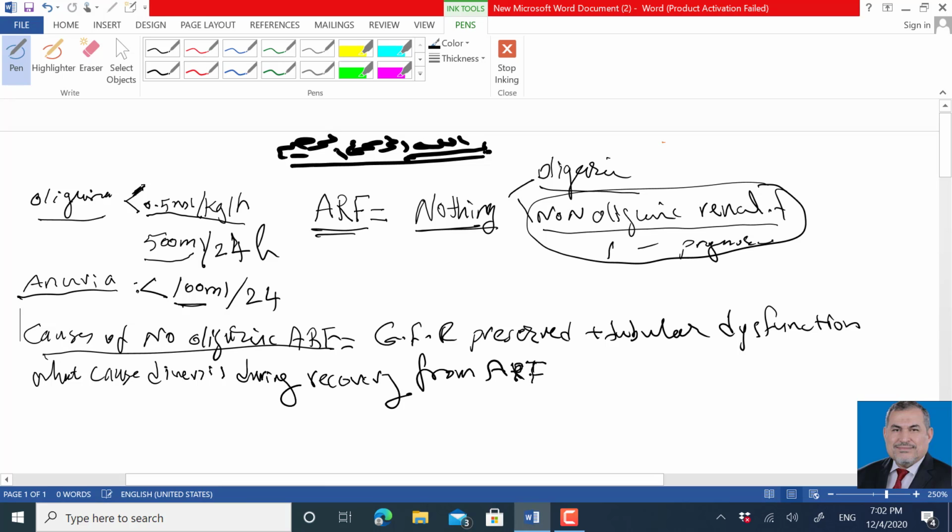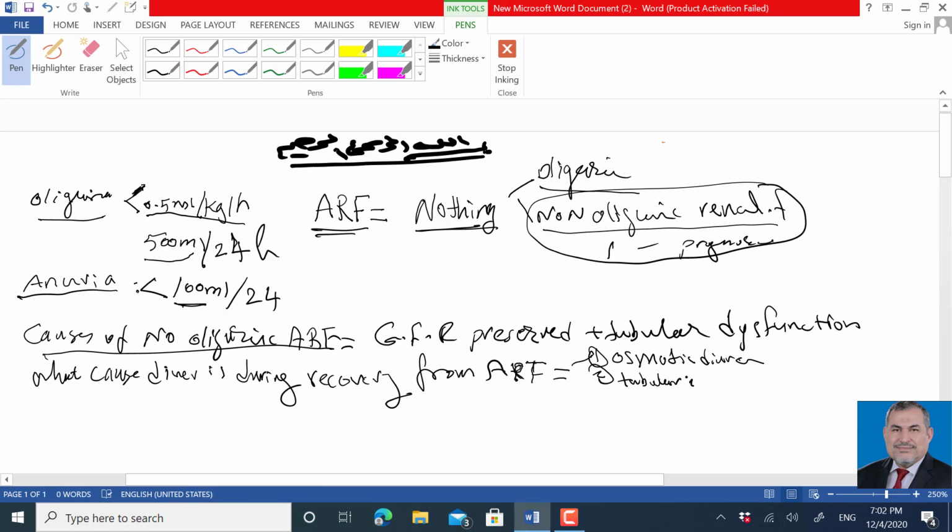High filtered urea concentration causes osmotic diuresis. First, osmotic diuresis because of the high urea. Second, tubular insensitivity to aldosterone and antidiuretic hormone.